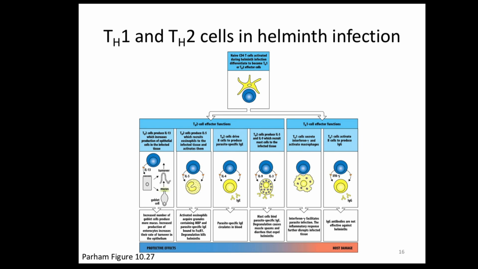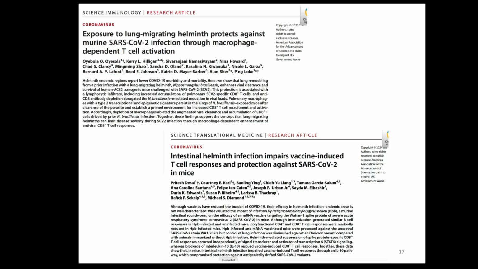And it turns out what was actually happening is that people were actually infected with helminth infections. Their body was making a Th2 response. And so they were making a Th2 response to COVID instead of a Th1, because their whole body was pushed in the Th2 direction.